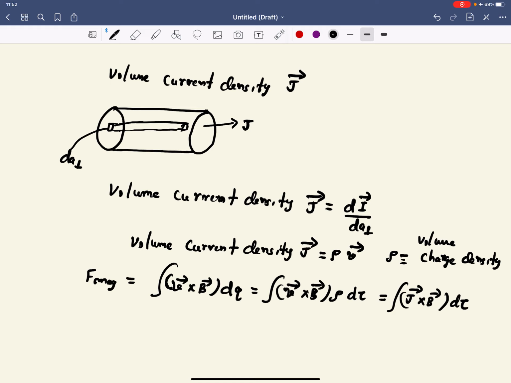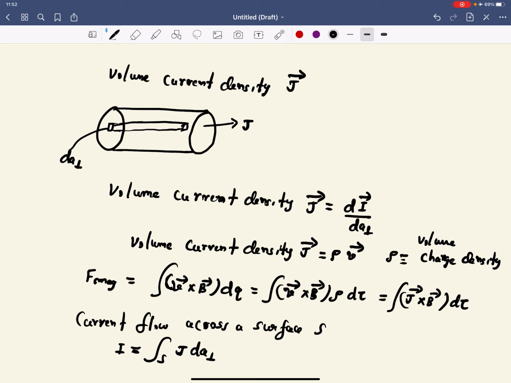Let's try to understand a little more about these current distributions. We can now write the current flow across a surface S as the current I equal to the integral over the surface of J into dA perpendicular.